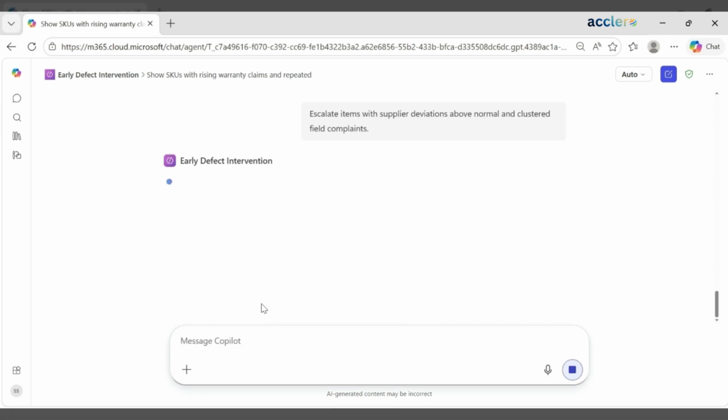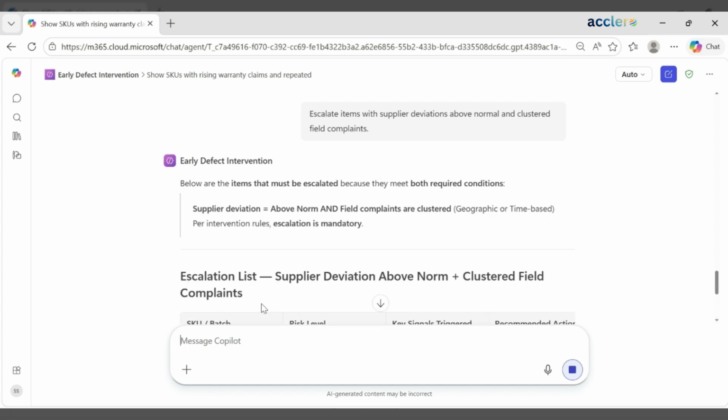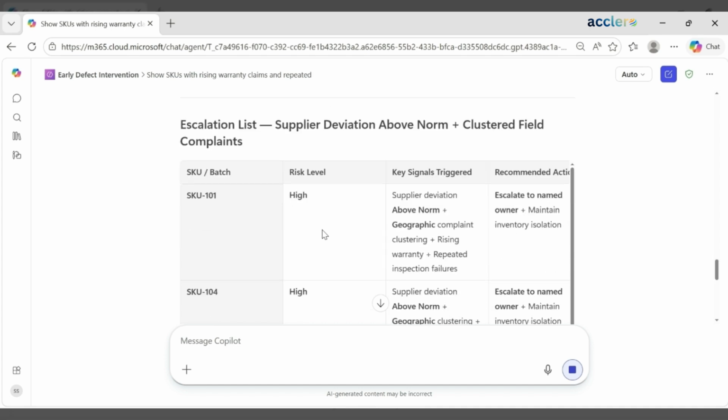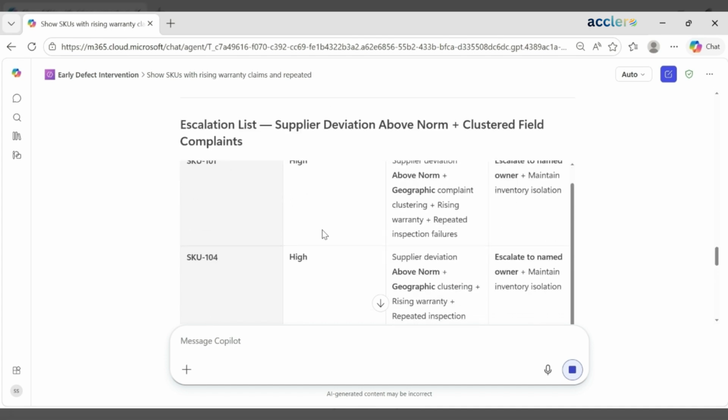Here I am asking the agent to escalate the items with supplier deviations above normal and clustered field complaints. The agent identifies the cases where supplier deviations and customer complaints are occurring together, indicating a systematic issue rather than an isolated defect.